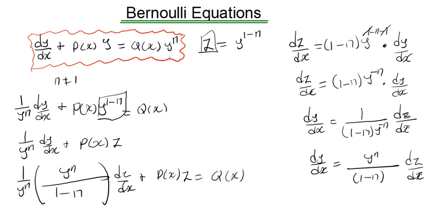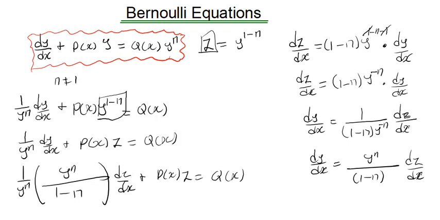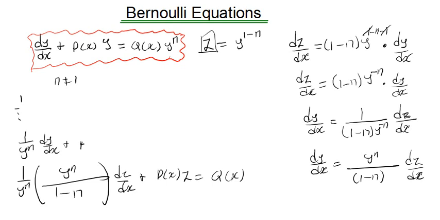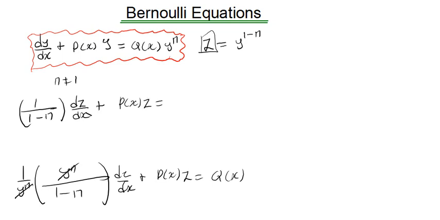Okay, so now we can simplify this a little bit. You observe that that goes and that can go. You simply have 1 over 1 minus n, multiplied by dz/dx plus p of x multiplied by z equals q of x, and that's what you have right there.